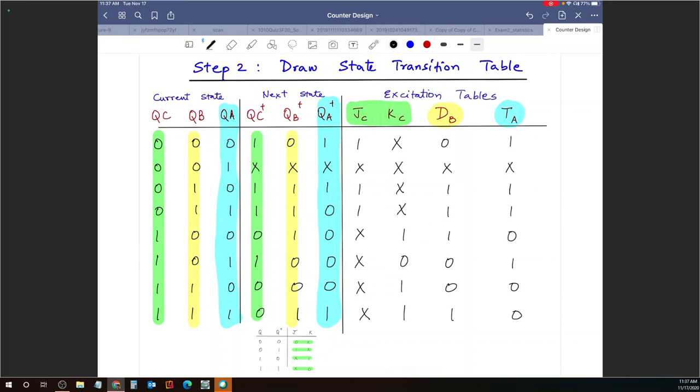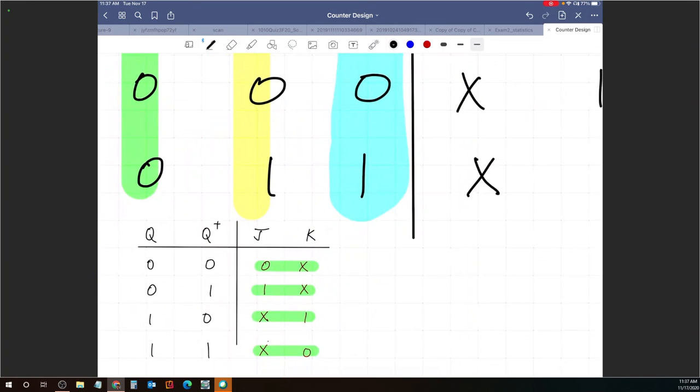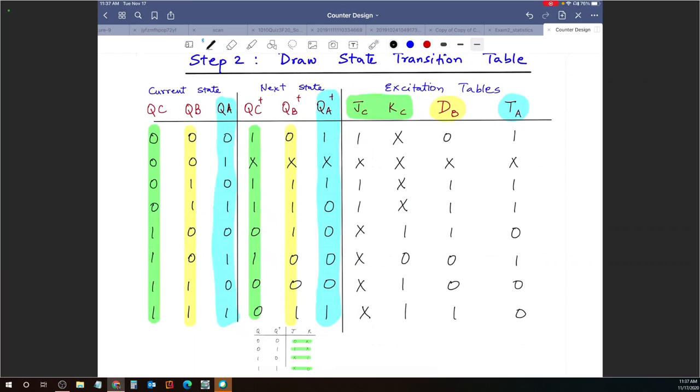So I've essentially looked up the excitation table of a JK flip-flop to do this, which is right at the bottom here. Might be a little bit tiny, but I suppose you guys know what's going on here. All right. How are we doing here? Everybody okay with how we completed step number 2?